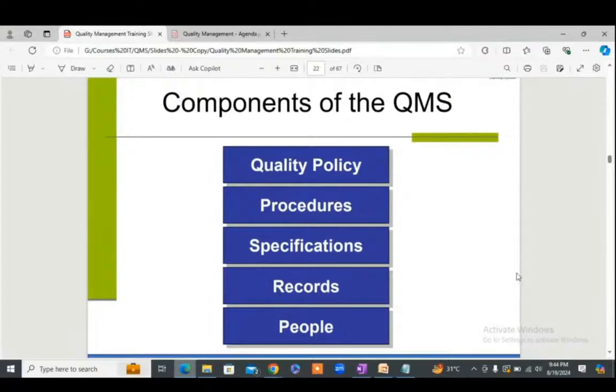So in design quality, I will give you a few concepts here. If with bullets, you can say that design quality in a QMS refers to the process of ensuring that products or services meet quality standards and customers' requirements from the initial design stage, right?